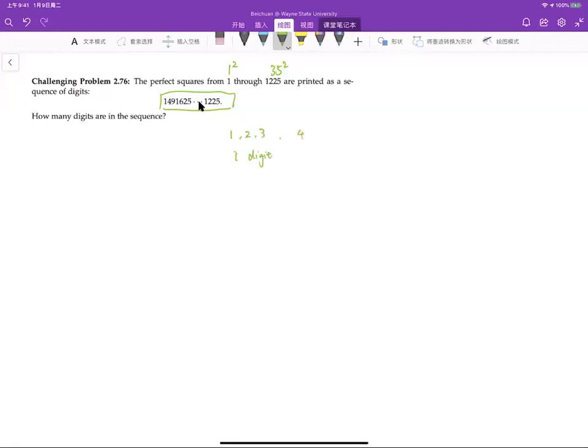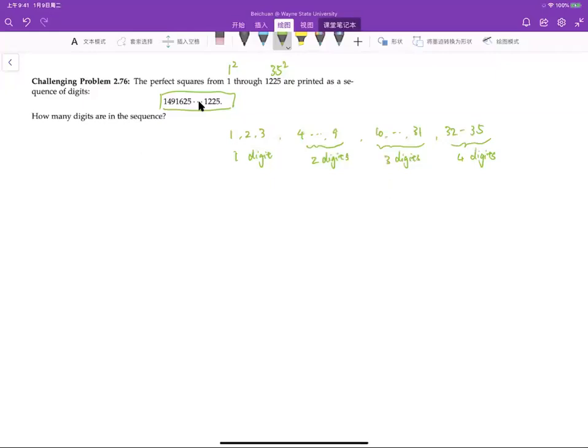And from 4 to 9, their squares have 2 digits. And from 10 to 31, their squares have 3 digits. And from 32 to 35, their squares have 4 digits.